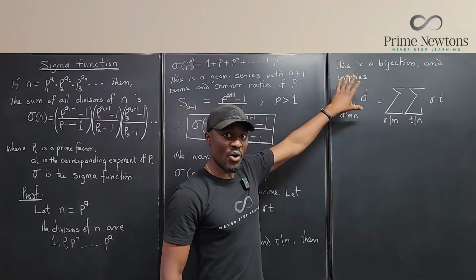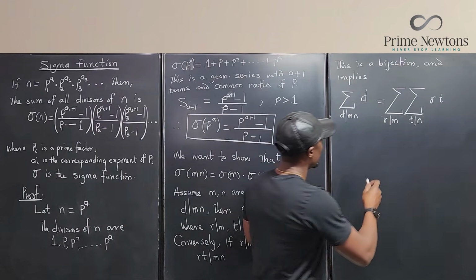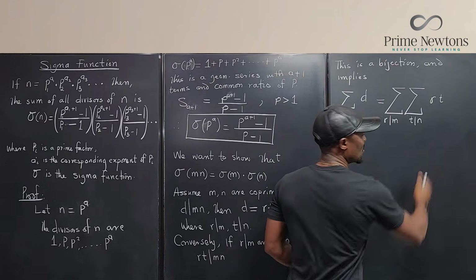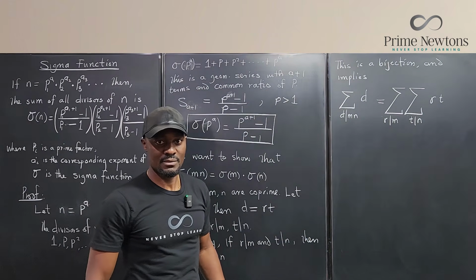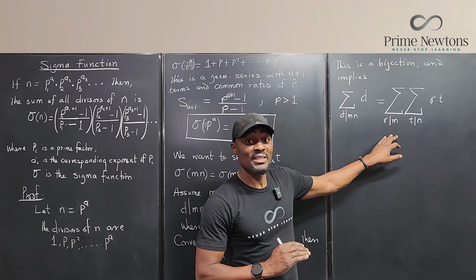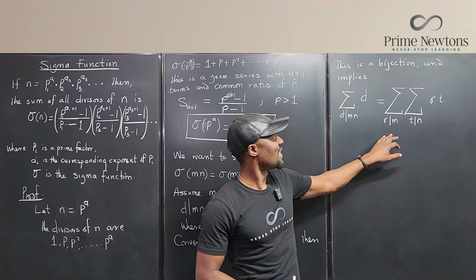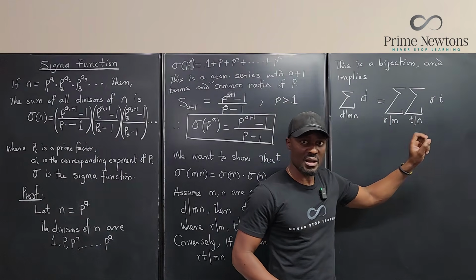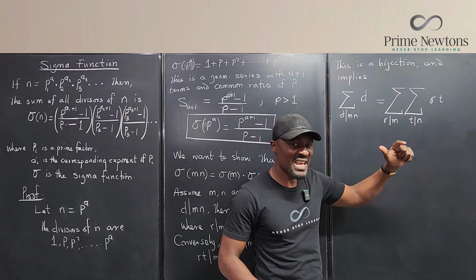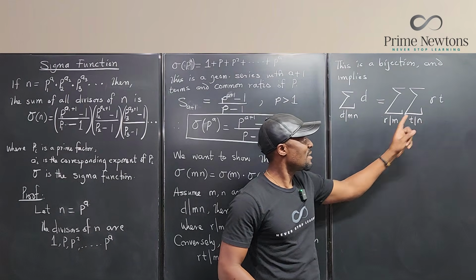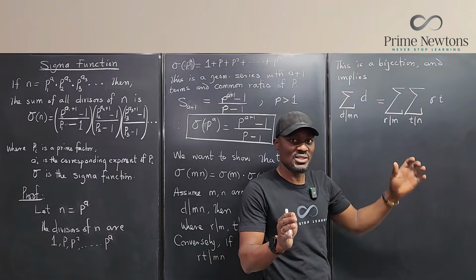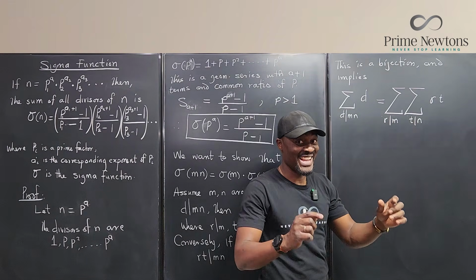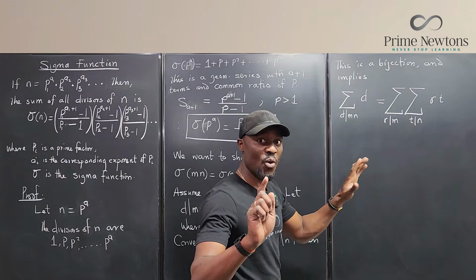The sum of all divisors D will be the same thing as the sum of all RTs. Now, don't let this notation confuse you. This is the sum of products. If you don't see it, you might see it first as a product that is being summed. Okay? I know it's confusing, but watch this.